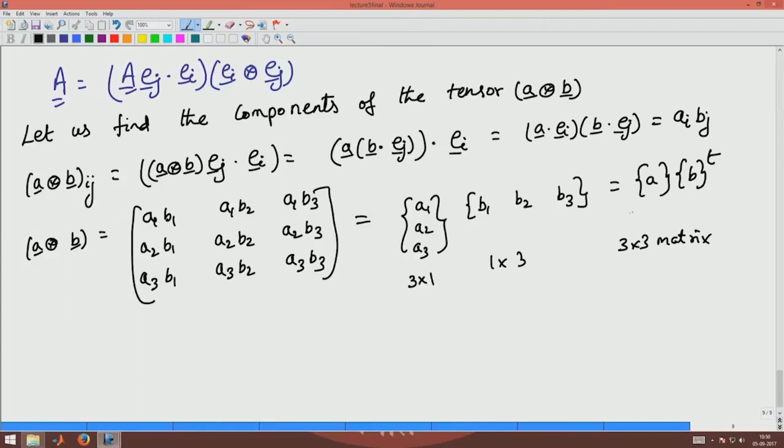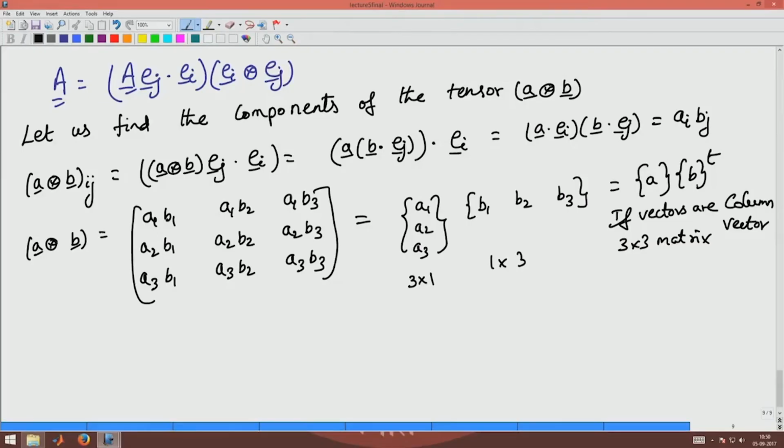If I view vectors as column vectors, meaning I arrange the components of a vector as a column, then it will be A B transpose.